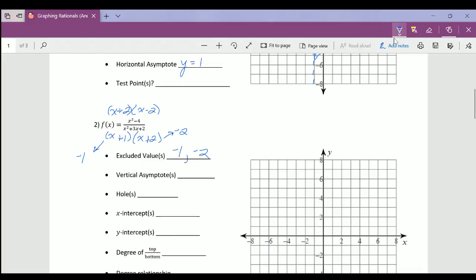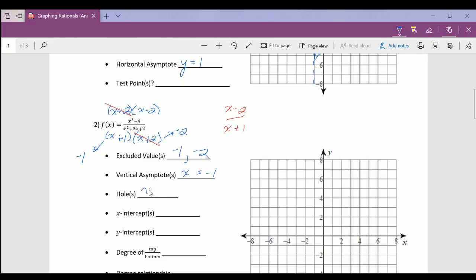Let's see about reducing this. If we reduce this here, the x plus 2's cancel, and you're left with x minus 2 over x plus 1. The one that was not canceled out is this guy here, -1. So x equals -1 is our vertical asymptote. And the hole is the one that was removed.